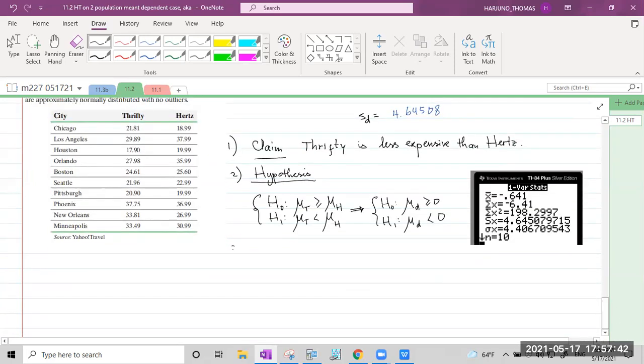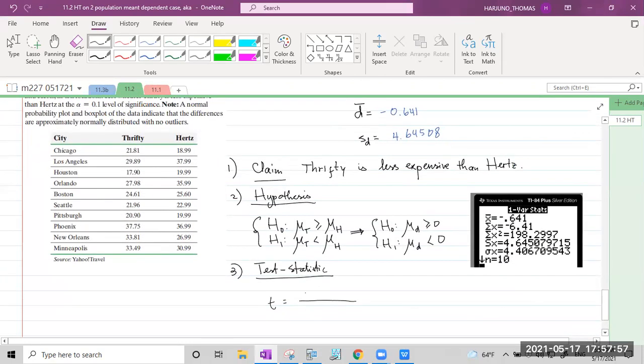Okay, step 3, test statistic. T equals D bar minus 0. D bar is negative 0.641 minus 0, over 4.64508 over square root of 10.